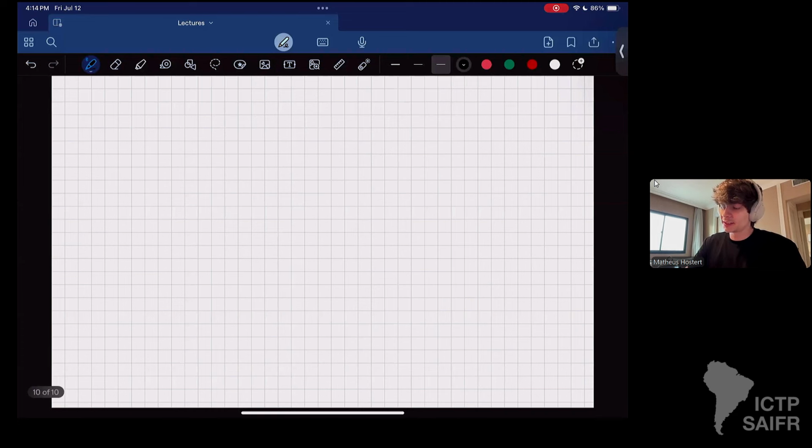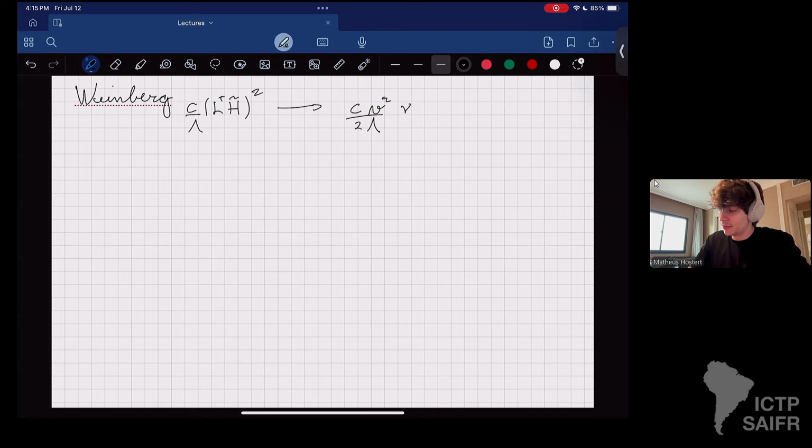So the last thing that I'm going to say about neutrino masses, to wrap this up, is that the Weinberg operator that we were looking at had this form. And there was some coefficient here, let me call that C. And then there was the coefficient times the VEV of the Higgs squared over twice lambda, nu.